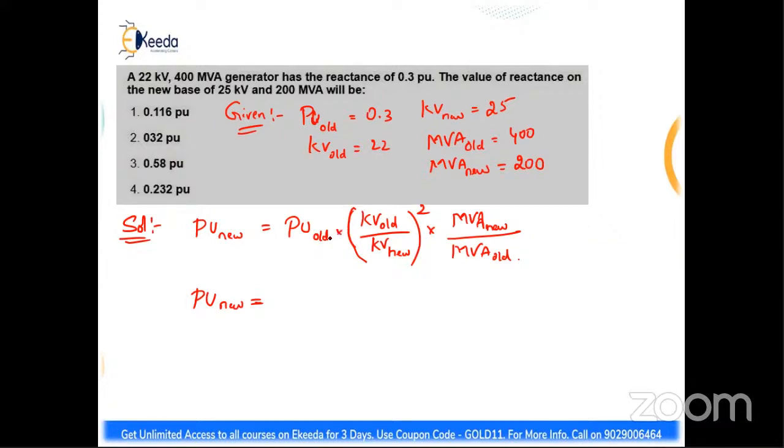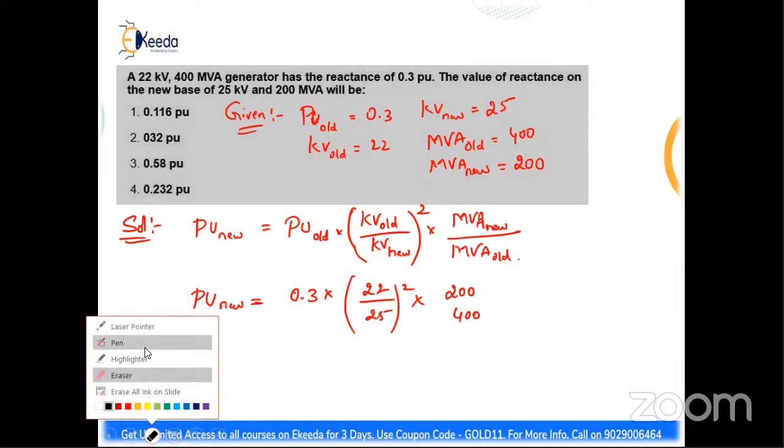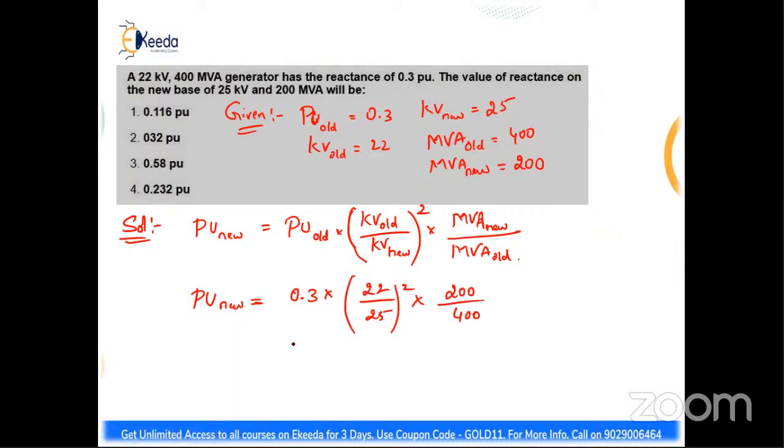The main thing is to be perfect with the formula. pu new is equal to pu old into (kV old divided by kV new) whole square into MVA new divided by MVA old. That is 0.3 into (22 by 25) whole square into 200 by 400.